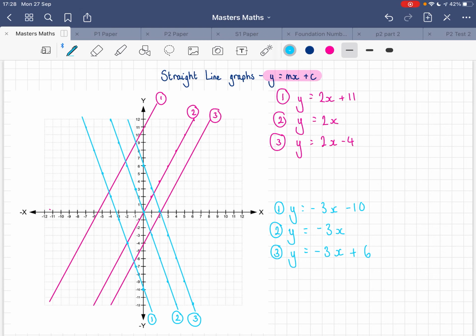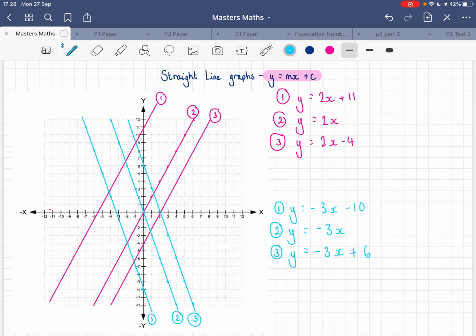So we've drawn 3 pink lines and 3 blue lines onto the axis. And we're going to look at what is happening. So hopefully you can see that we've got these 3 pink lines, lovely pink lines, and they are all parallel to each other. The reason they are parallel to each other is because the gradient is the same.